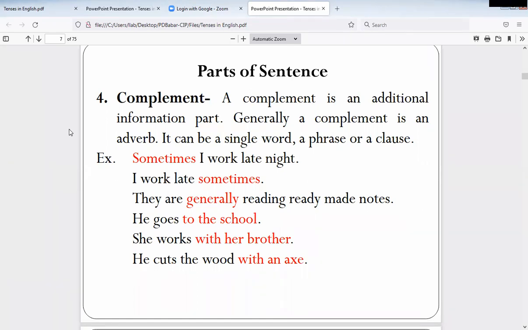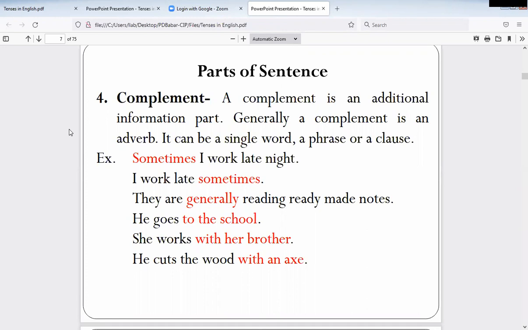Or a complement may be a clause. Clause means what? It is a smaller unit of a sentence, but it is larger than a phrase. There are two clauses: main clause and subordinate clause.